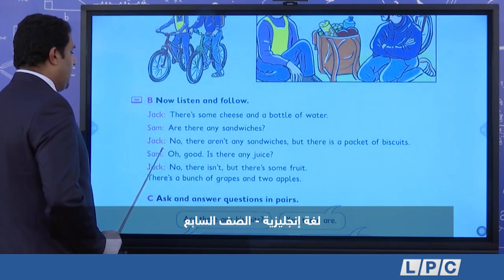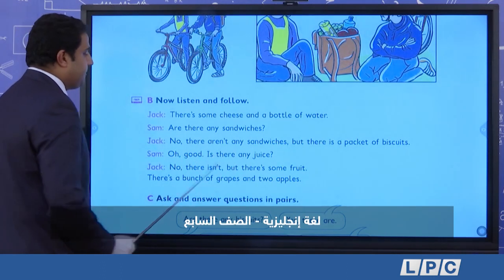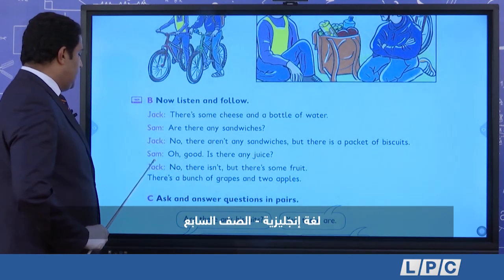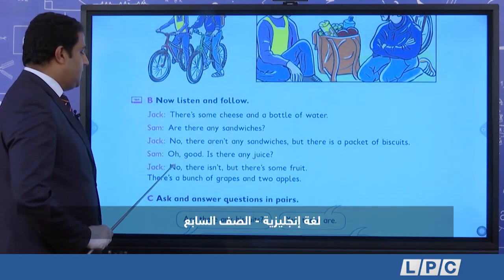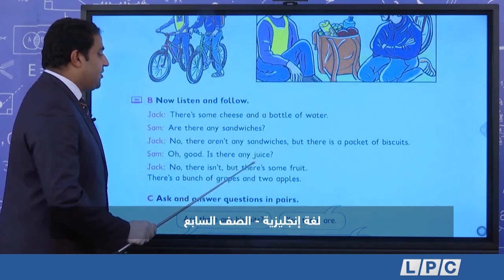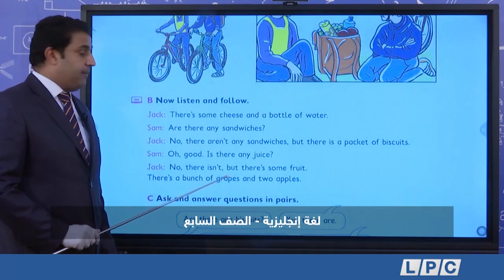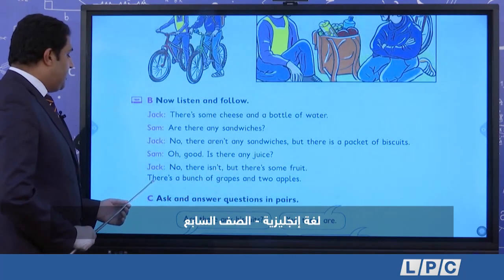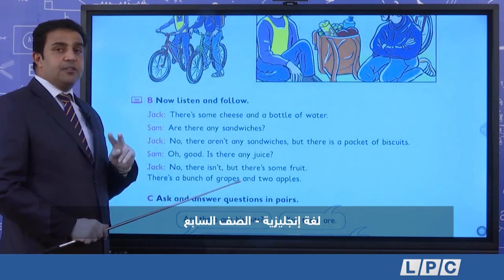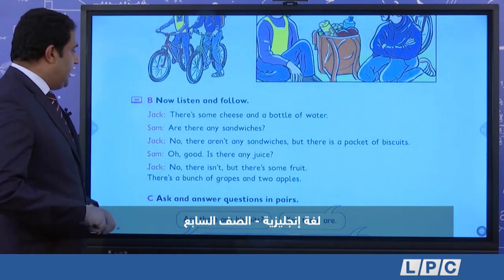Sam: Oh, good. Is there any juice? Jack: No, there isn't. But there is some fruit. There is a bunch of grapes and 2 apples.